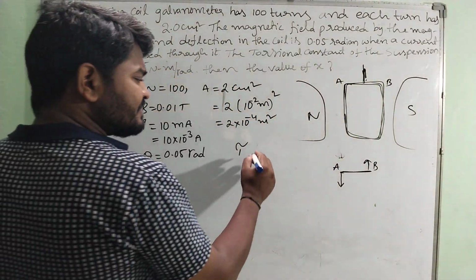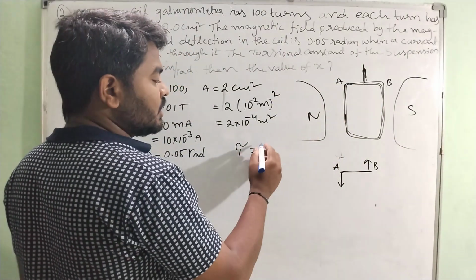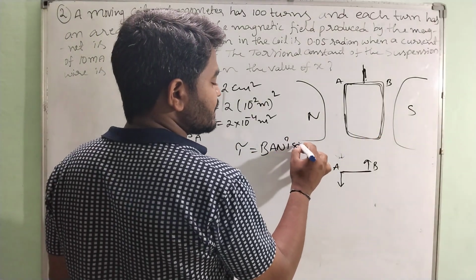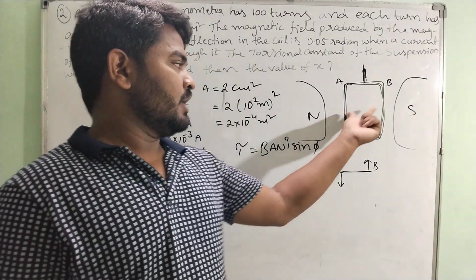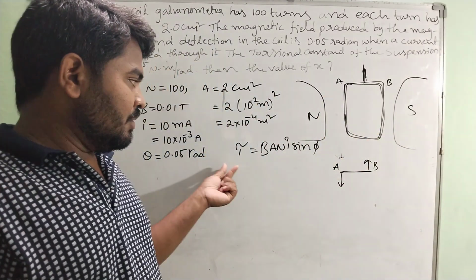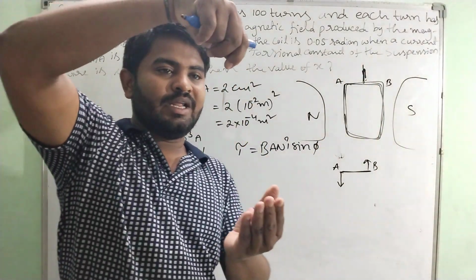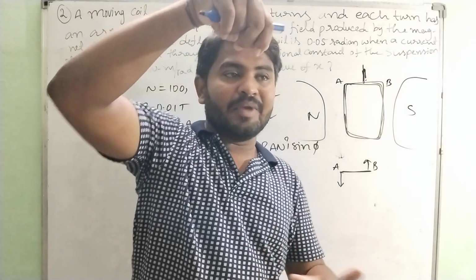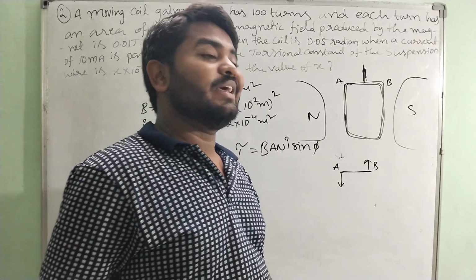That means the applied torque will be equal to the restoring torque, which is BANI sin theta, the force on the coil when you keep it in a magnetic field. Take any wire and rotate it; what happens if you leave it? It tries to come back, because of the restoring torque. So this restoring torque will be equal to BANI sin theta.